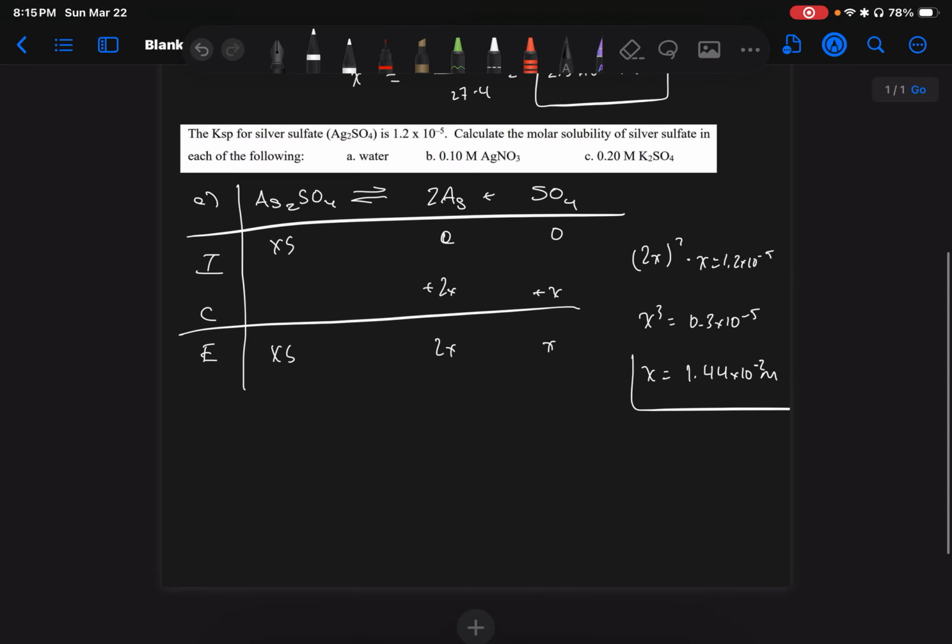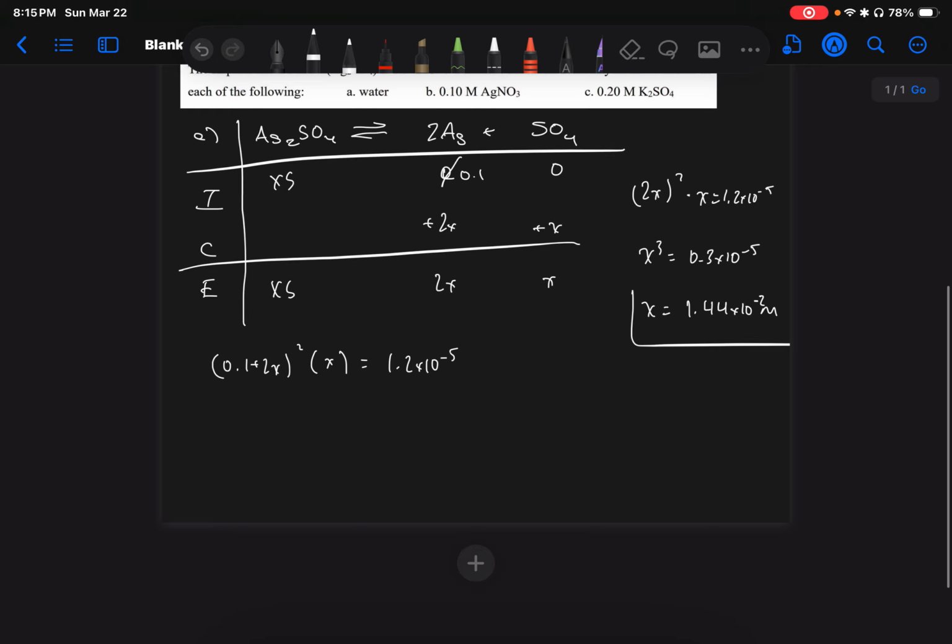Now part B, we'll just change this to AgNO3, so it's going to be 0.1. So how would that change our value? We'll get 2x plus 0.1. I'll just write it again. 0.1 plus 2x squared times x, small k.